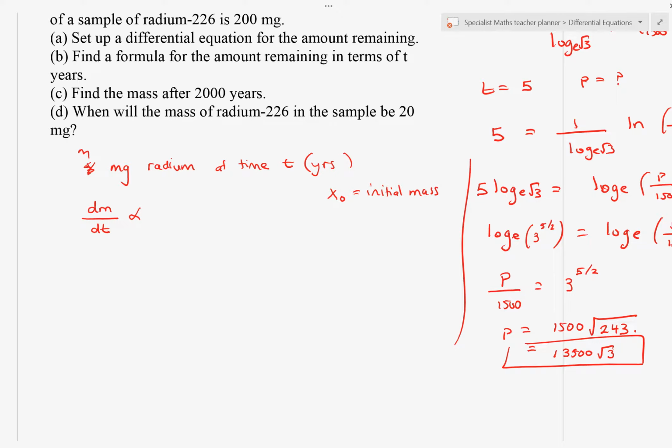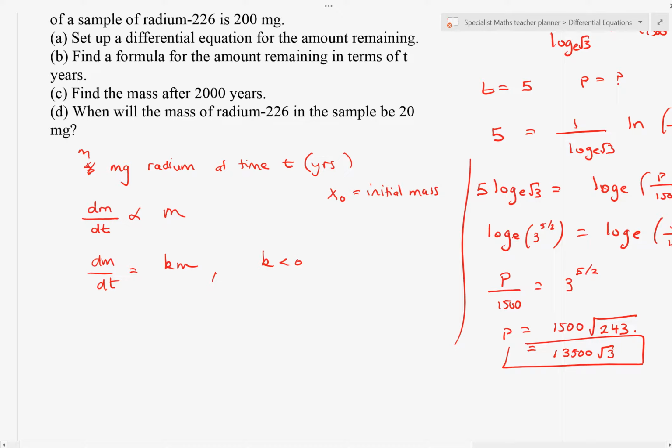You can do it with positive K, but when you solve for K, you get negative. Technically we can do either. And therefore, dmdt is equal to Km, isn't it? Yep. Now, such that K is less than 0. Beautiful.